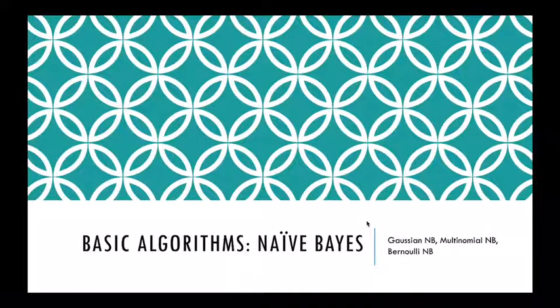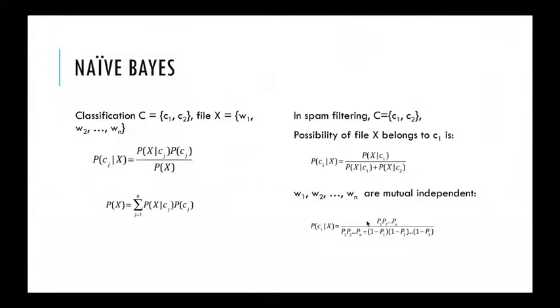Now let's talk about the basic algorithms I have used for this design. First is the naive Bayes. Naive Bayes is to say that we have the classification C. In this case, we only have to classify the spam email and the non-spam email, so we only have two classifications, C1 and C2.